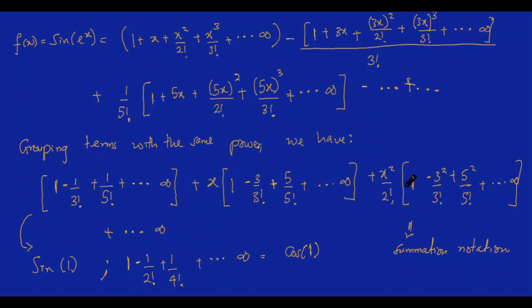The same thing goes for x raised to the power of 4 divided by 4 factorial. It becomes 1 minus 3 raised to the power of 4 divided by 3 factorial plus 5 raised to the power of 4 divided by 5 factorial, and so on.